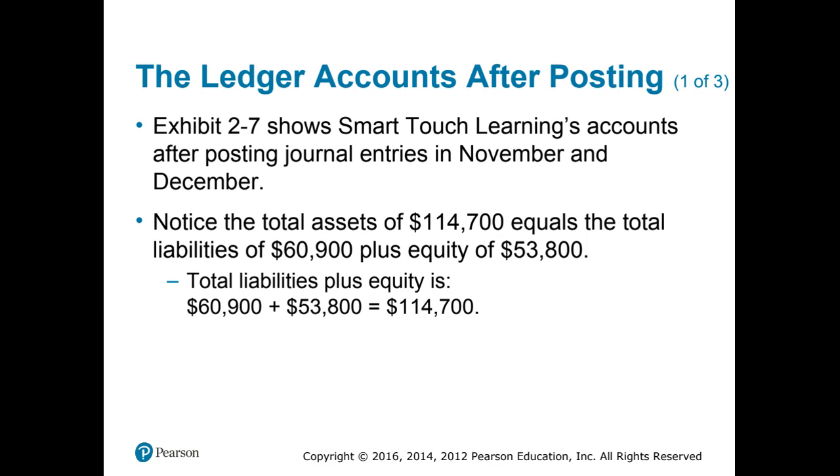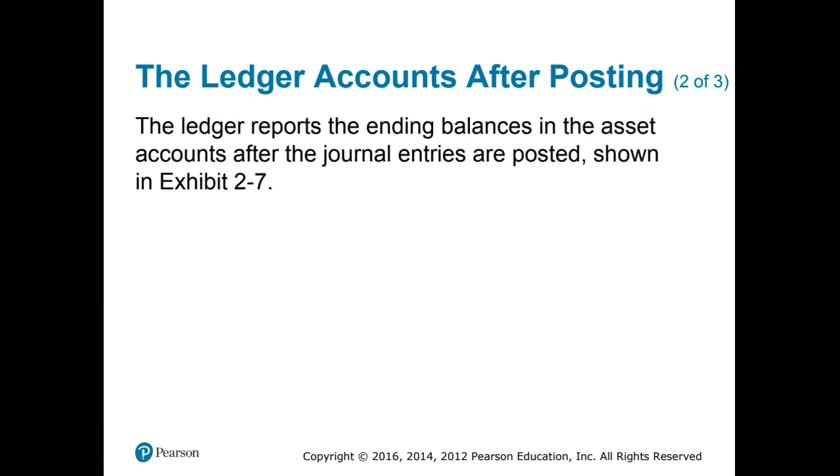So our total liabilities plus our equity also equal the $114,700. So both our assets and our liabilities and equity all equal, which is what we want. That means everything balances. The ledger reports the ending balances in the asset accounts after the journal entries are posted.